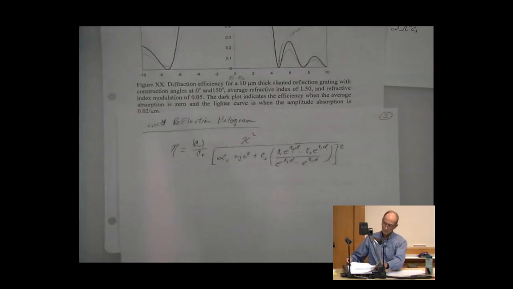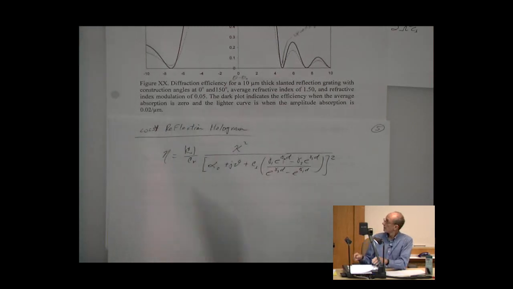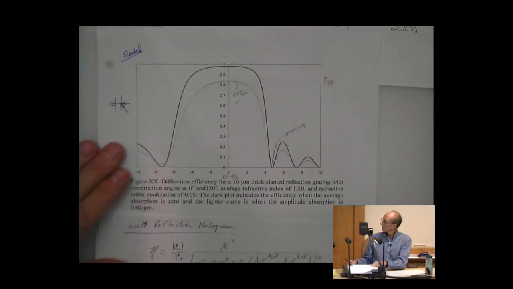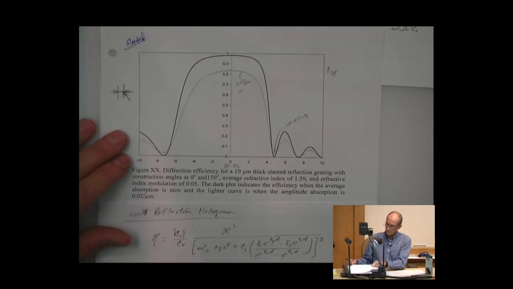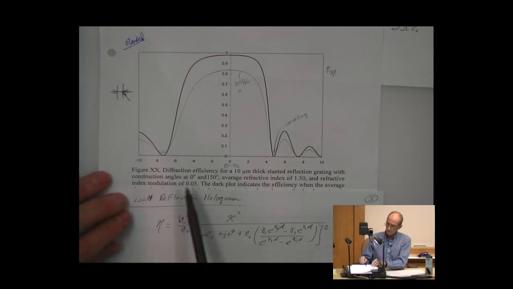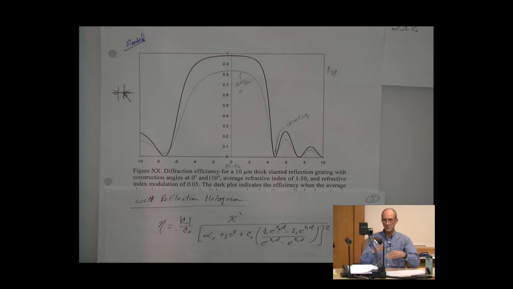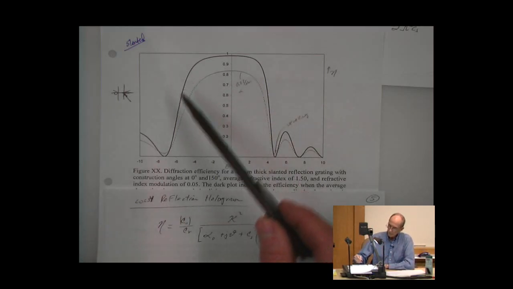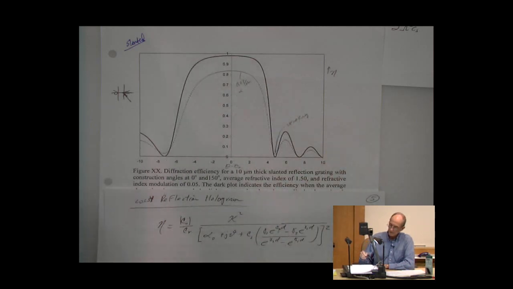If we look at the slanted hologram, again using this same relationship, we now have a slanted hologram. The construction angles are 0 degrees and 150 degrees, so 30 degrees off the z-axis in the negative direction. We notice that when you slant it, you create an asymmetry.